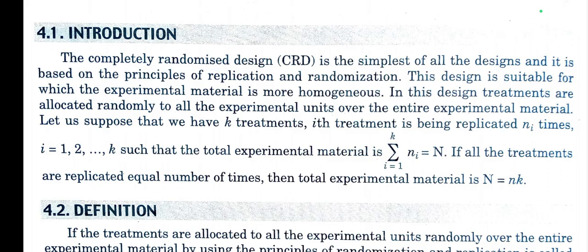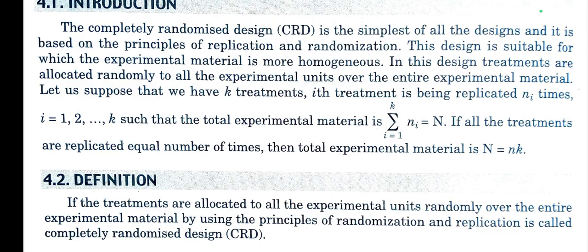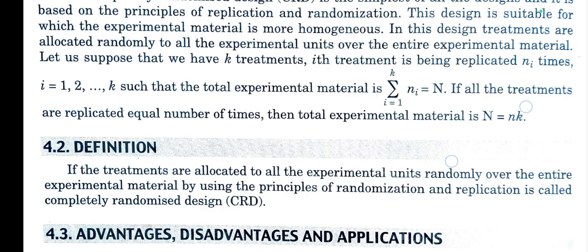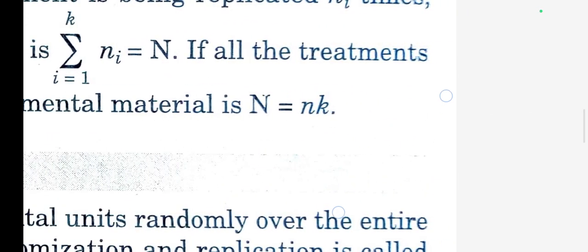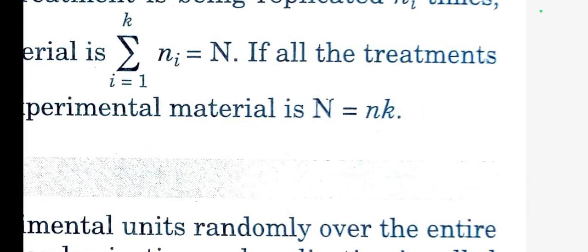Let us suppose that we have k treatments. The ith treatment is being replicated ni times, for i equals 1 to k, such that the total experimental material is the summation of ni, i running from 1 to k, equal to capital N. If all the treatments are replicated an equal number of times, then the total experimental material capital N is equal to n into k.